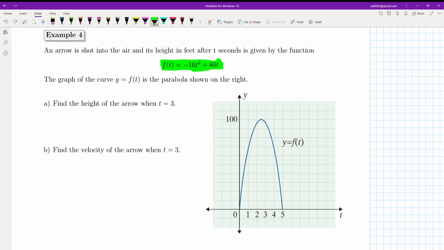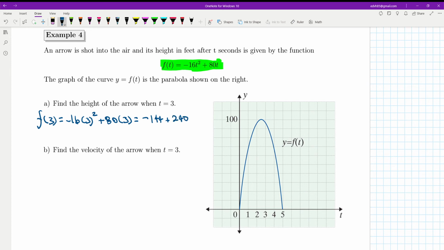And so number one, let's find the height of the arrow when t equals 3. So all we have to do in this case is simply evaluate the given function at t equals 3. So f of 3 equals negative 16 times 3 squared plus 80 times 3. And this is going to give us 3 squared, which is 9, times negative 16, that's negative 144, plus 80 times 3, which equals 240.